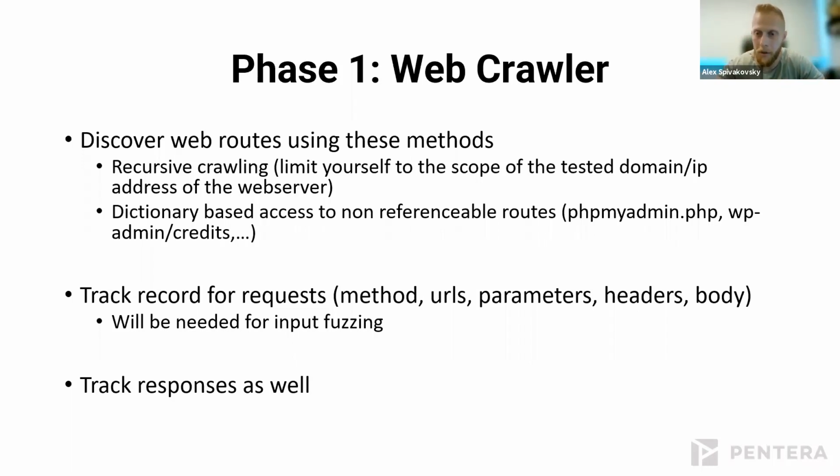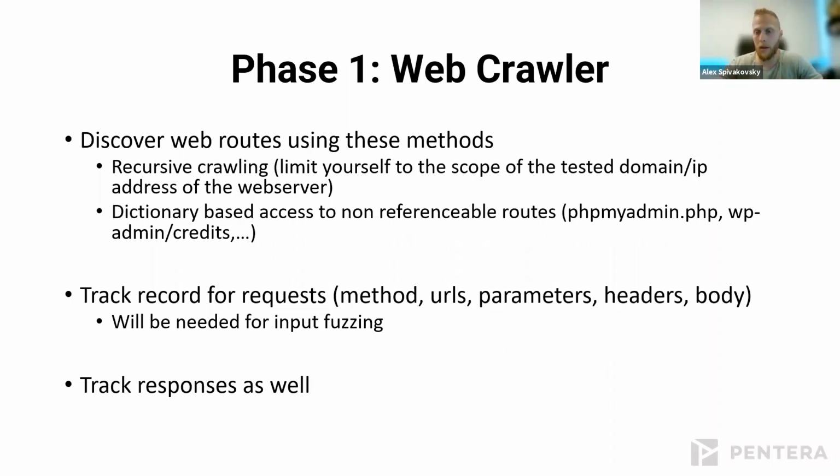My recommendation is to limit yourself to the scope of the tested domain if you're using it externally, because each web page has references to links, for example images, that leave the domain of the tested application or the IP address of the web server itself. Also make dictionary-based access, because not every route that exists on the web app is accessible through links, for example administration pages.